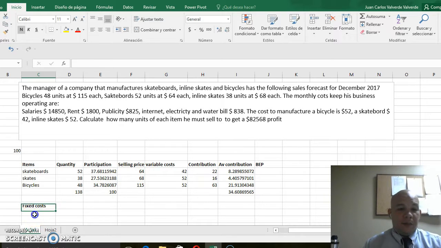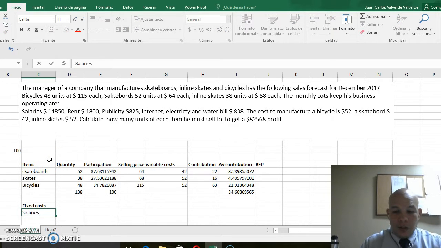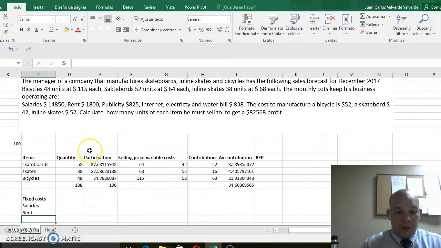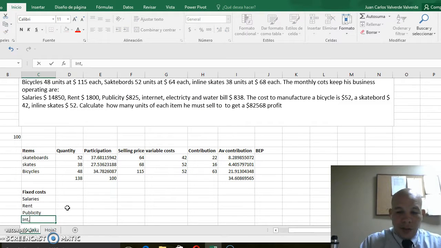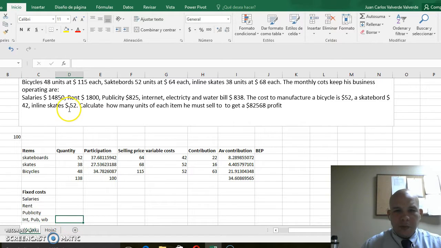So the fixed costs we have first are salaries. We also have rent, publicity, and internet, electricity, and water bill. The amount for that is 838.